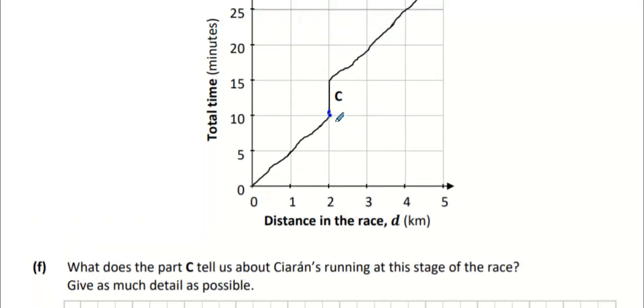Well, part C says that it's the point 2, 10. This means after 2 kilometers, he ran, 10 minutes took 2 kilometers. And then we also have the point 2, 15, which means 2 kilometers also took 15 minutes.